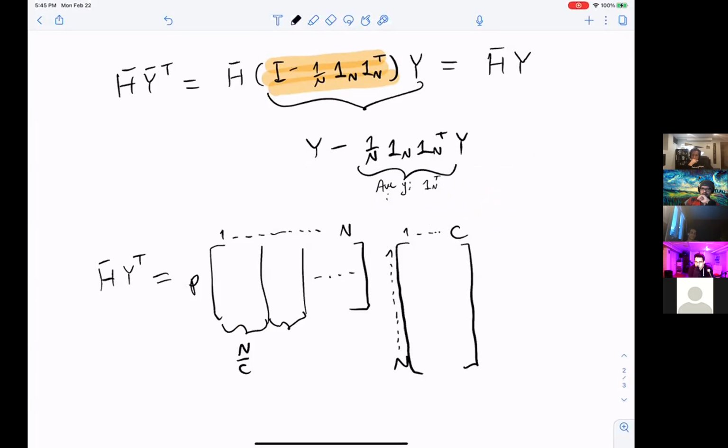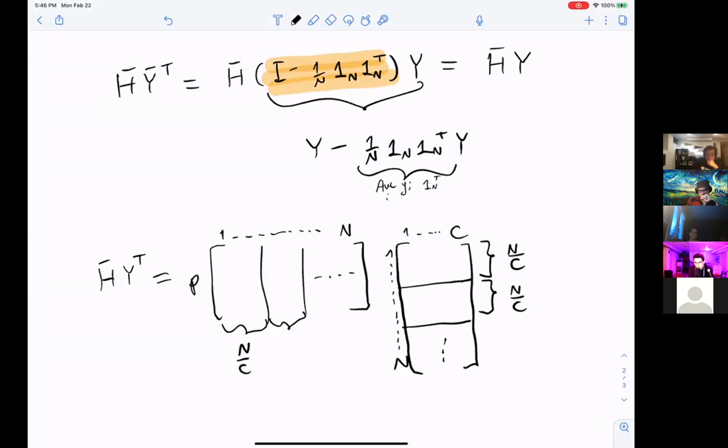Moreover, notice that we can partition Y transpose as well in the same manner. In the first n over c rows, we would have the one-hot vectors of the first class. And then we would have the one-hot vectors of the second class, and so on.